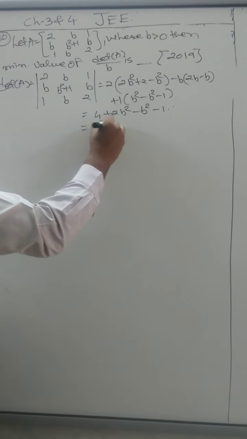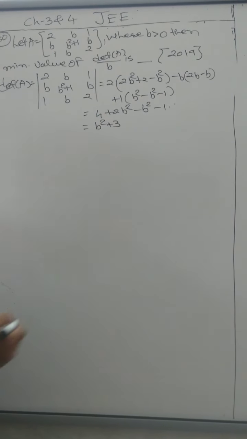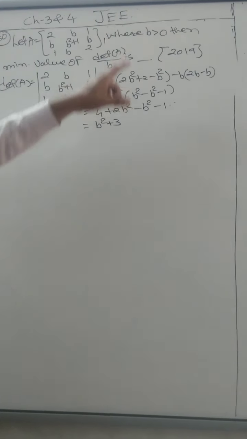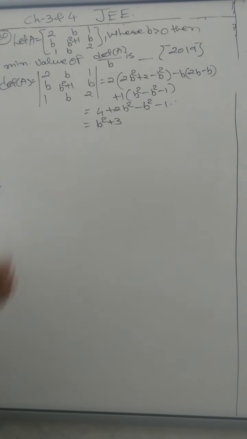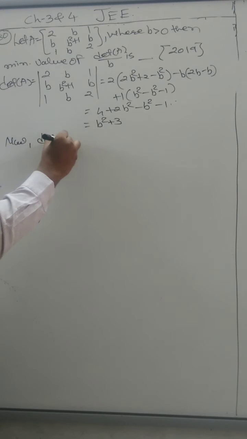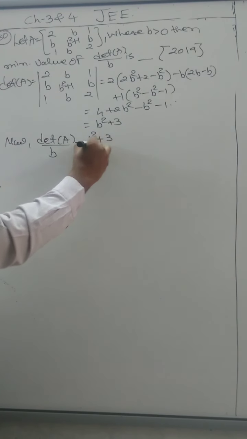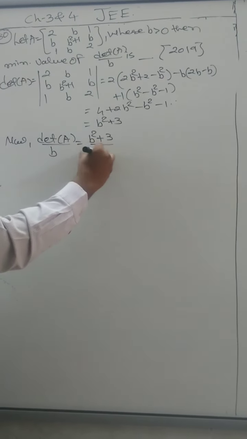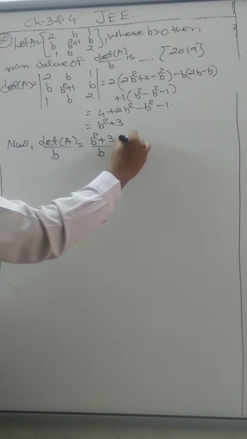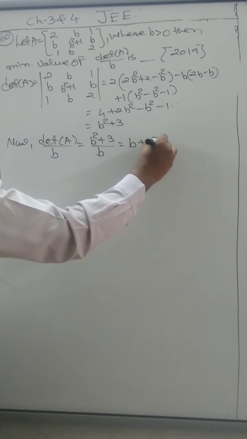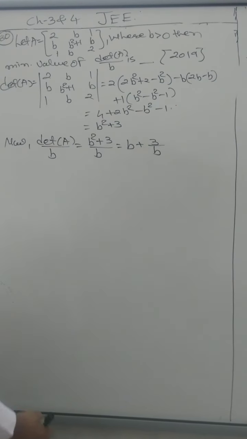So here b² + 3 is there. Now we want to find the value of determinant of A upon b. Determinant of A upon b is equal to (b² + 3)/b. Simplifying, we get b + 3/b. This way we can find.